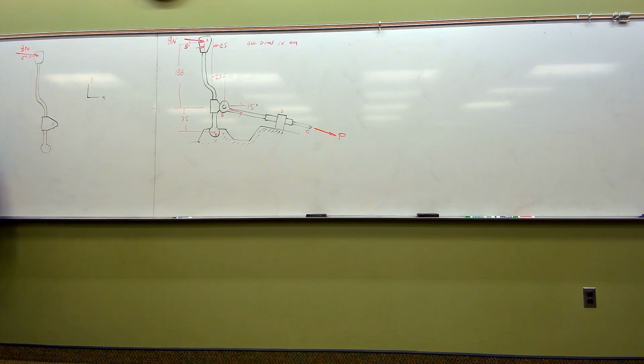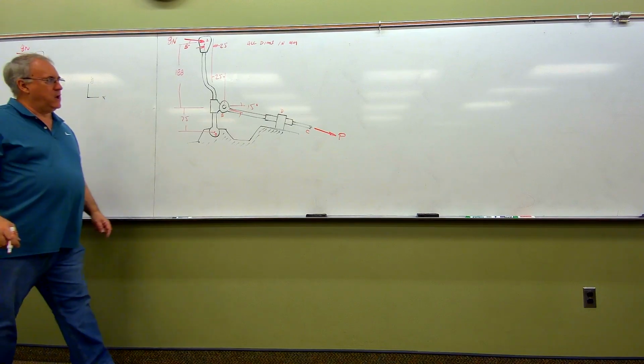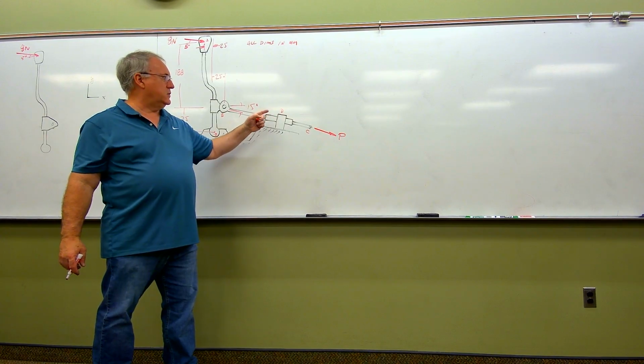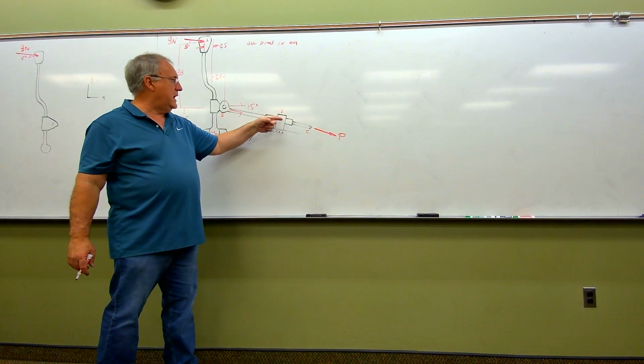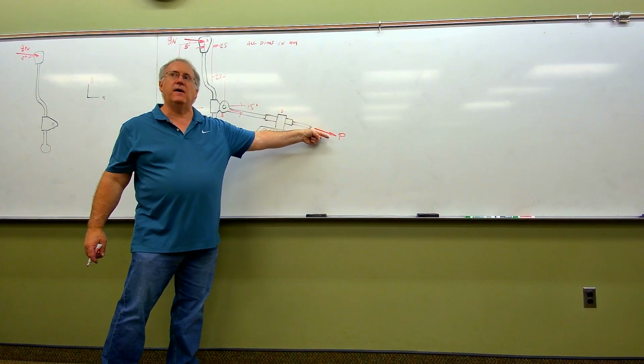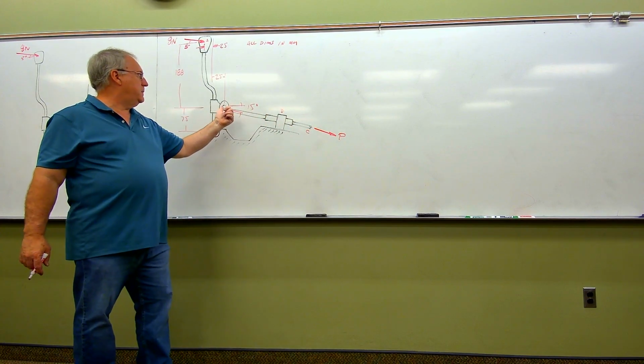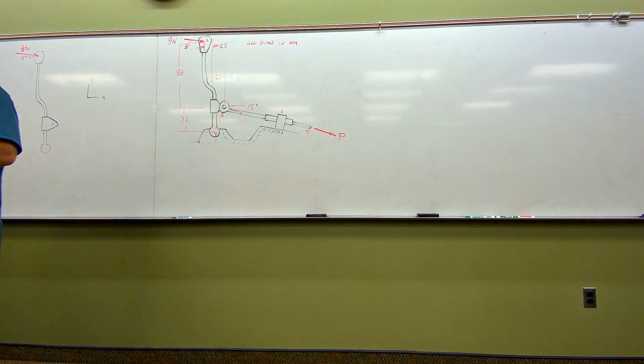Now, I want to focus on that right there. That is a pinhole. It would not be wrong to think that, well, okay, pin, X force, Y force. Not wrong. But on the other hand, we actually know more than that. If you think about this, folks, we were told there's no friction here, right? Matter of fact, the authors went to great lengths to tell us there's no friction here, which means I've got a rod here, which I have a known force P on that rod. If I have a known force P on this rod, then the force back up here where that rod connects to that must be the same force P. It's got to be.